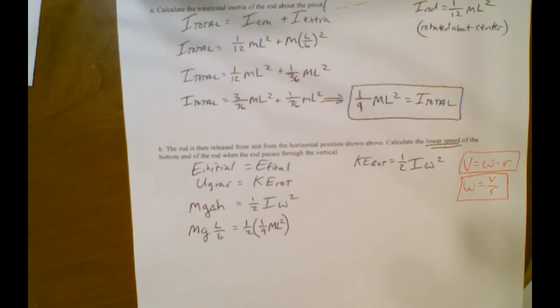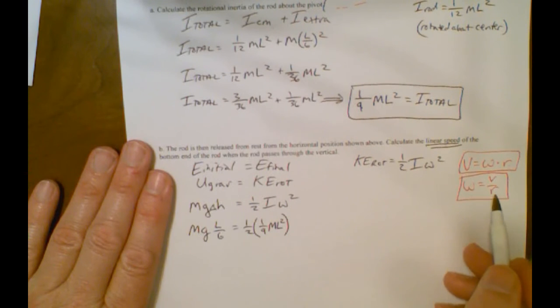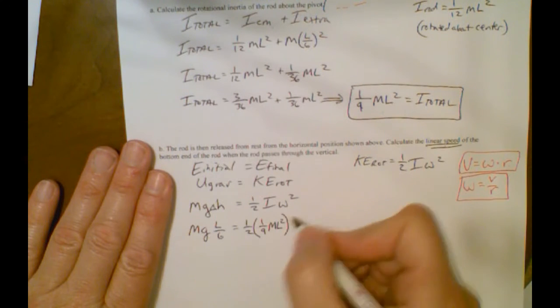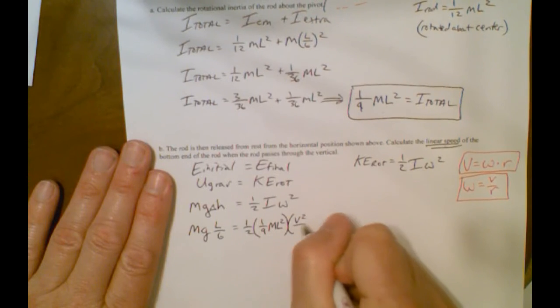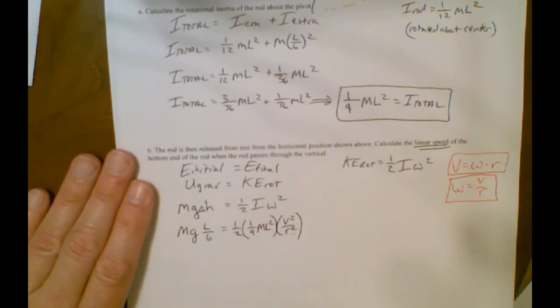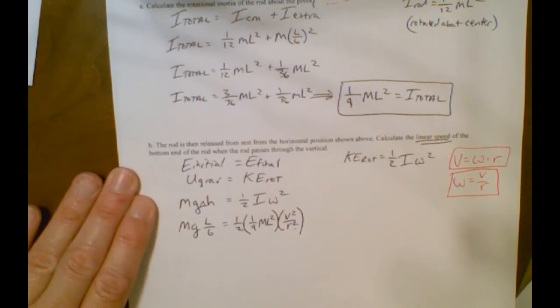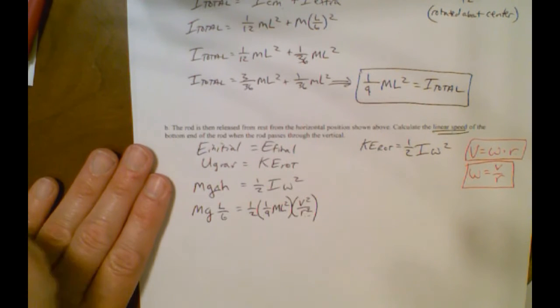And then what we're going to say is omega squared, and that's really going to be V over R. And I'm leaving this as R squared. I'm not fixing it yet, because I want to see what things I can cancel out first. So I can get rid of an M on each side at this point.